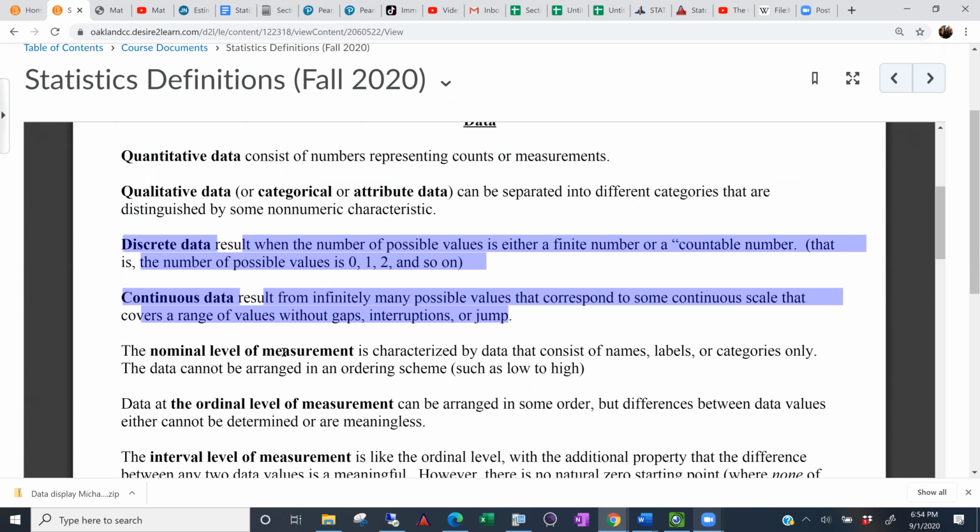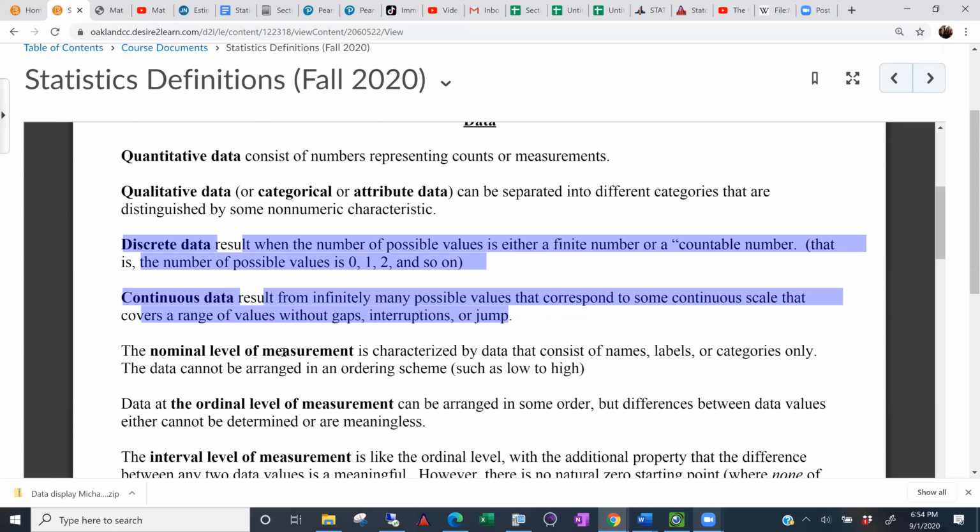Discrete data would be like the number of TVs that you have in your house or the number of people who vote. Typically, it's going to be things that you can count, and they have to be integer values, typically. There's other little ways you can have discrete things as well, but it has to be in correspondence with the integers.